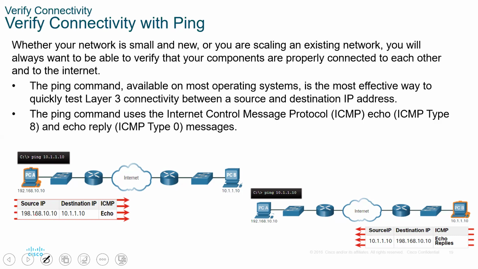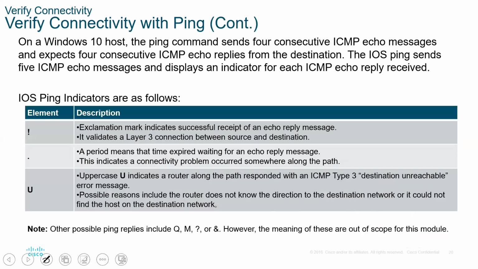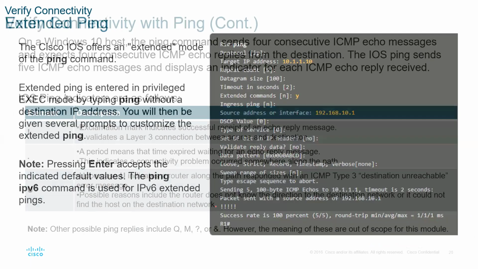And if you're able to test between PC A and PC B, and you are getting a very good reply or reachability, it means that everything on your network from here to here is fine. You don't have a problem. But if you are unable to reach it, then you know that your network has a problem. So the quickest and fastest way is by using ping, okay?